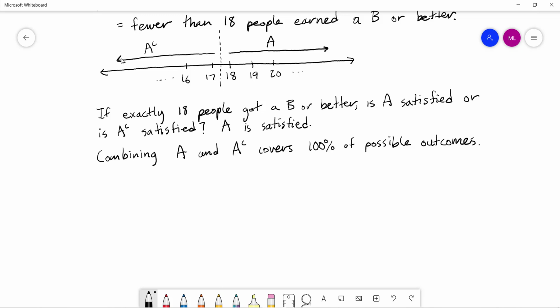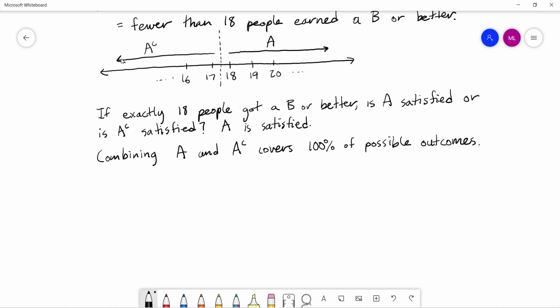So it would be less than half or exactly equal to half, because I said more than half likes pepperoni. What's the complement of that? Well, either exactly half or less than half liking pepperoni. That would be a complement. That would satisfy A complement.